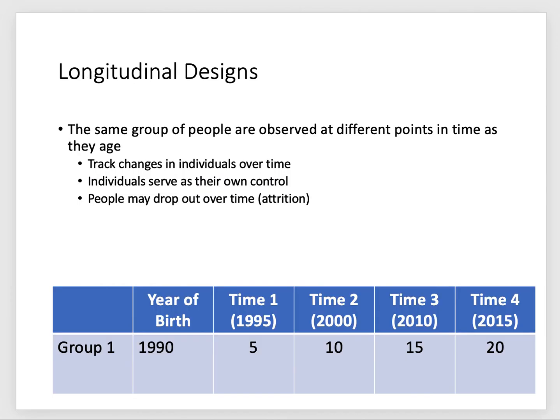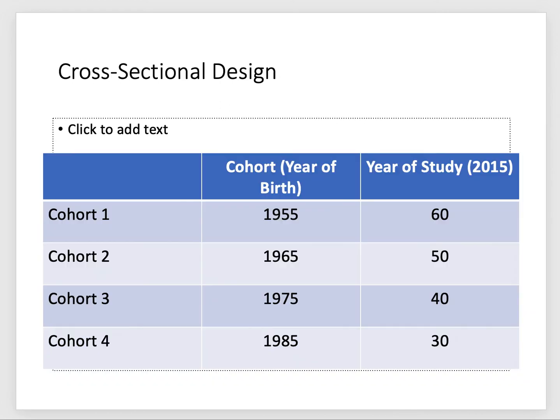A longitudinal design, where we are tracking people who are born at the same point in time and who are growing older at the same rate, is a much better way to understand development. This is also not as easy to do. A lot of times we do see cross-sectional designs where we're making comparisons between people who are different ages right now.